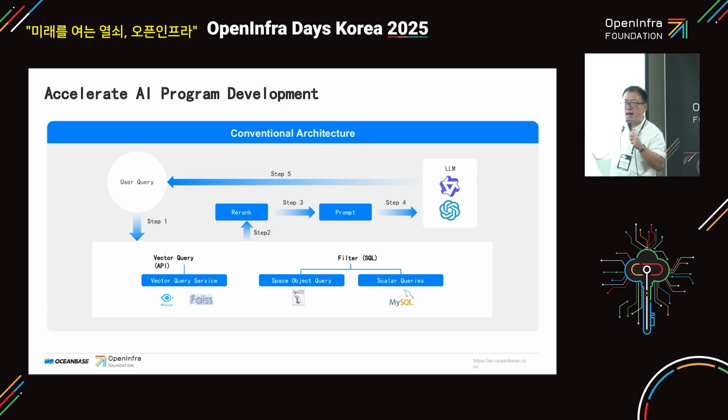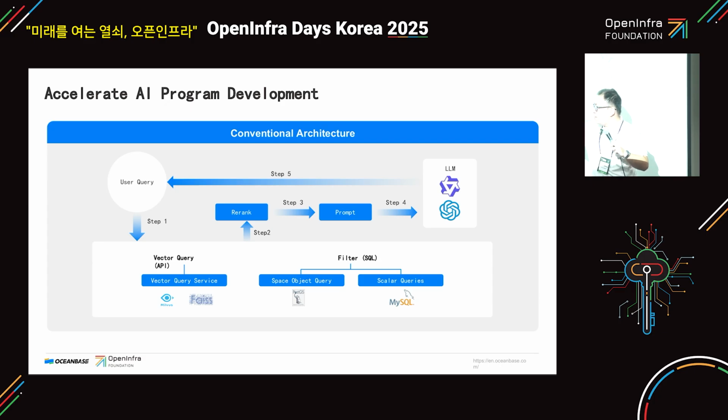In the conventional architecture, there are three kinds of databases to handle these different queries. The system calls APIs to find the restaurant's name in the vector database, such as Milvus and Faiss, and uses PGSQL and MySQL to search for restaurants within 500 meters and an average consumption of less than $8 per person.